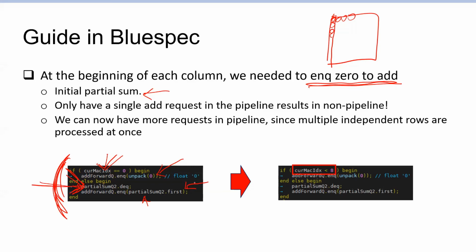So there's only one request in the pipeline at any given time. But now we can have more requests in the pipeline since we have multiple independent rows being processed at once. So say we replicated 8 times, so instead of checking if the curmac index is 0, we check if it's smaller than 8 because we want to have up to 8 operations in the pipeline at once. So for 8 of these things, we push 0 into the add forward queue and nothing else is changing. That's it.